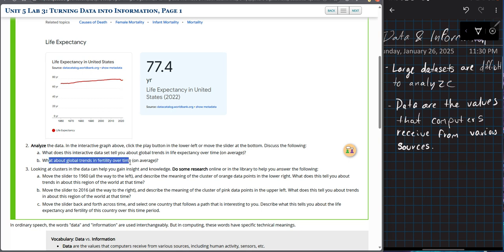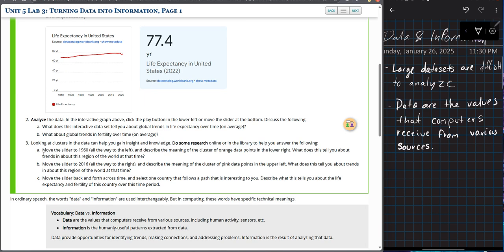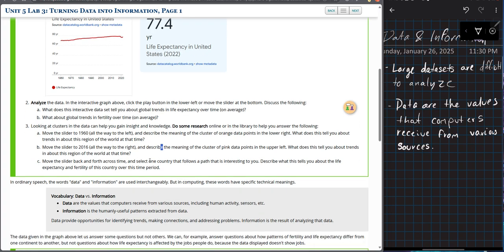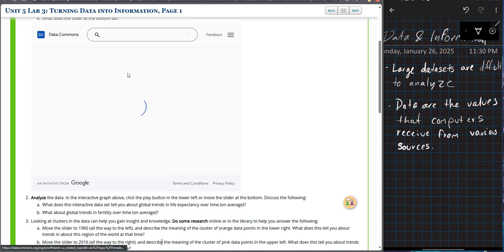Yeah, so you'd kind of have to look at these other ones, like fertility, like where do I find that? Move to a cluster, move the slider all the way to the left, and describe the meaning of... yeah, I don't know what these are. At least we found something, right? But yeah, so you get these numbers, you get these visualizations.